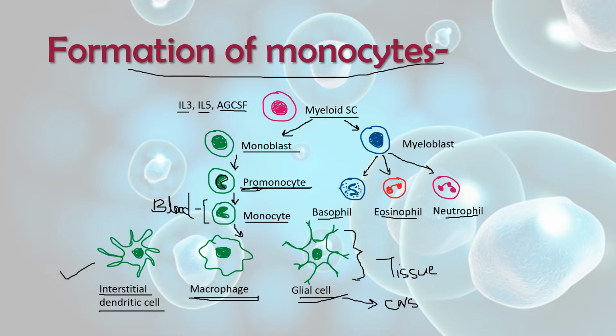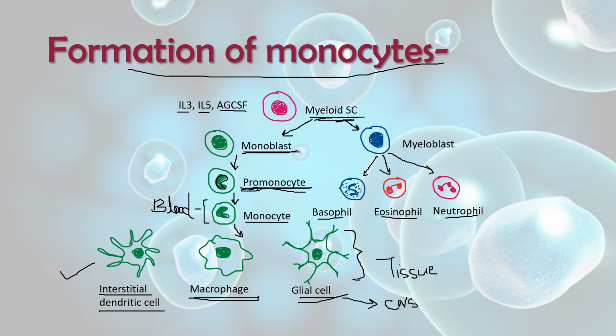So, let's take a review. Let's recall it again. The myeloid stem cell gets differentiated either into monocytes or into granulocytes. In the formation of monocytes, first the myeloid progenitor cell gets differentiated into monoblast and then into the promonocyte.